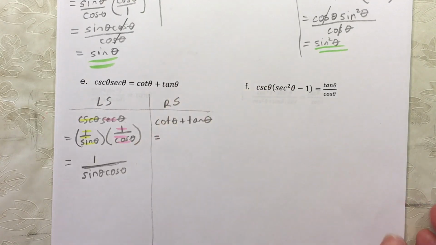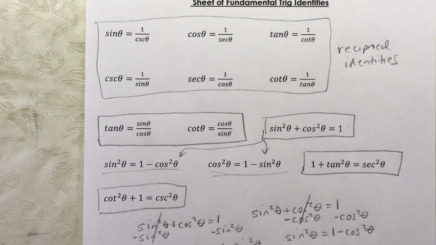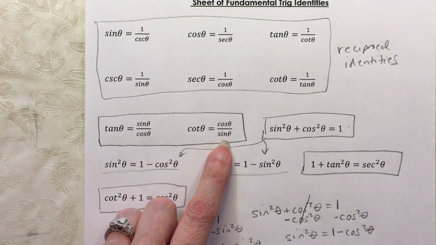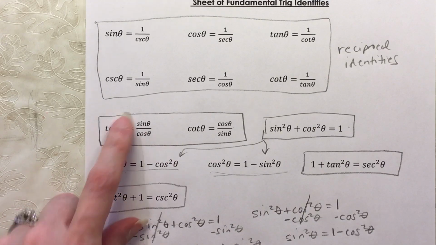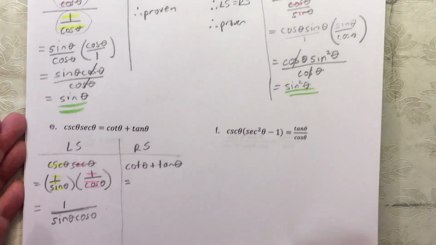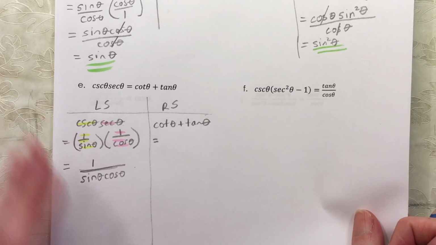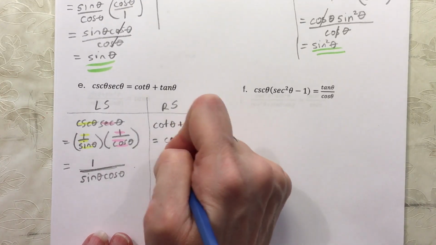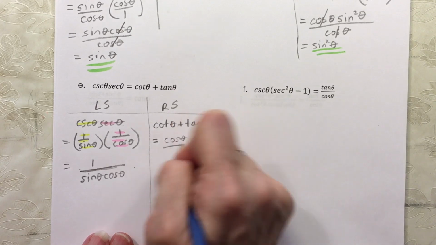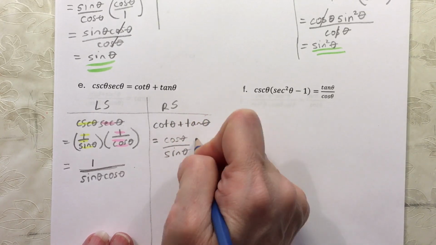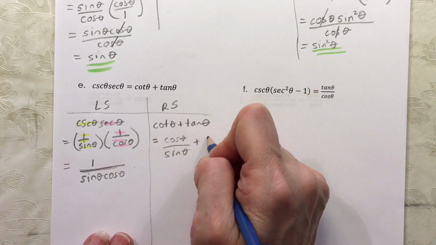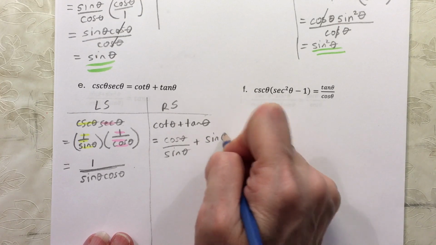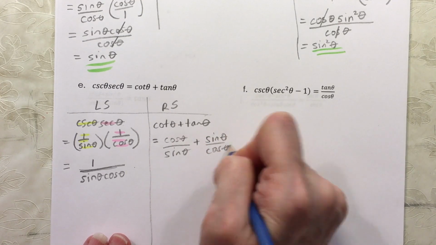So then back to my identity sheet, cotan theta can be written as cos over sine, and tan theta can be written as sine over cos. So we can change that. So cotan theta is cos theta over sine theta, and tan theta is sine theta over cos theta.